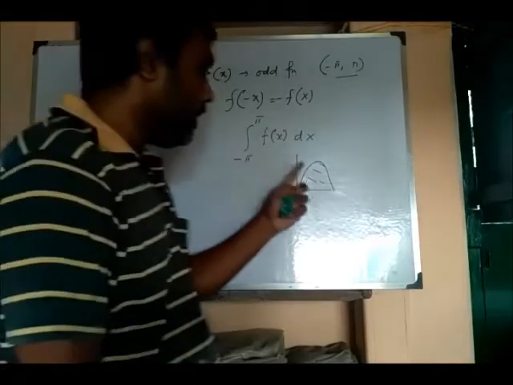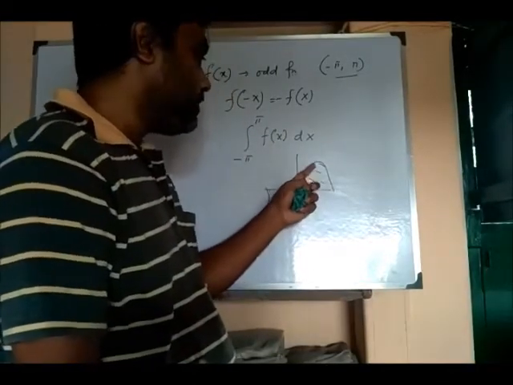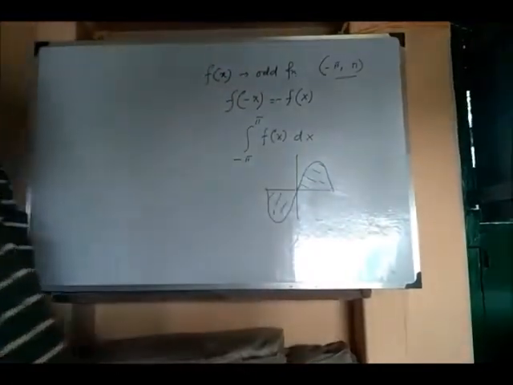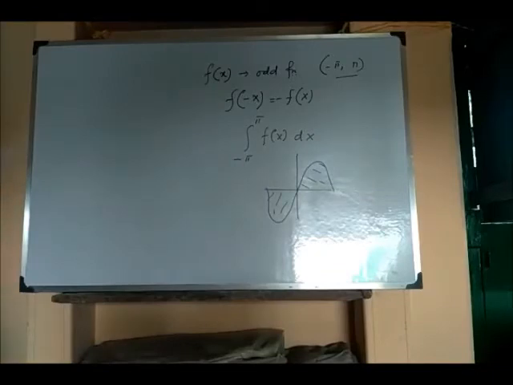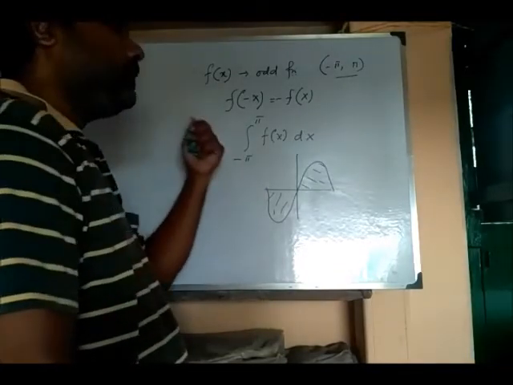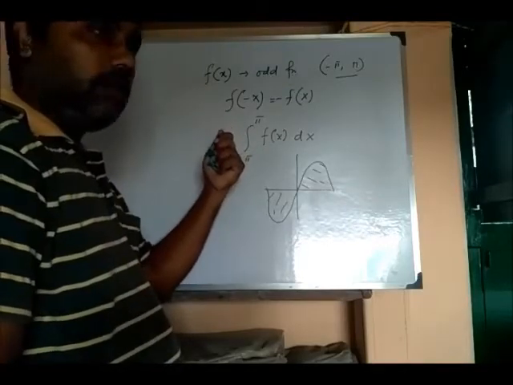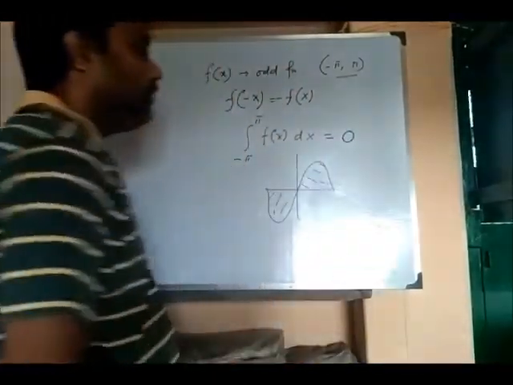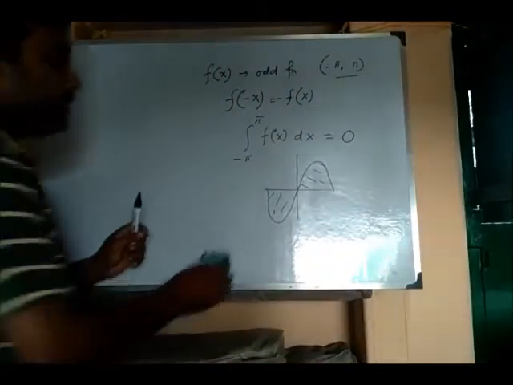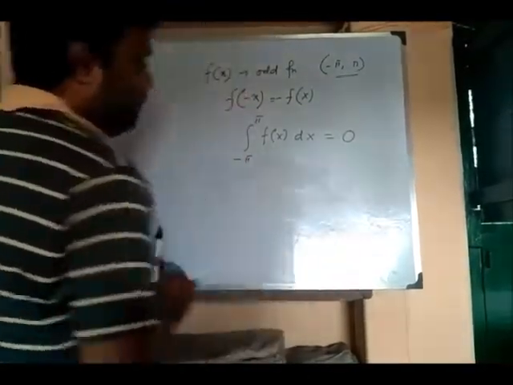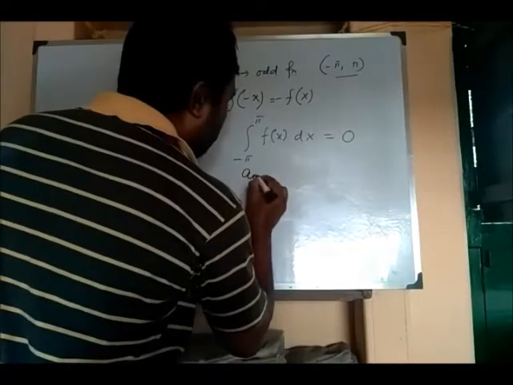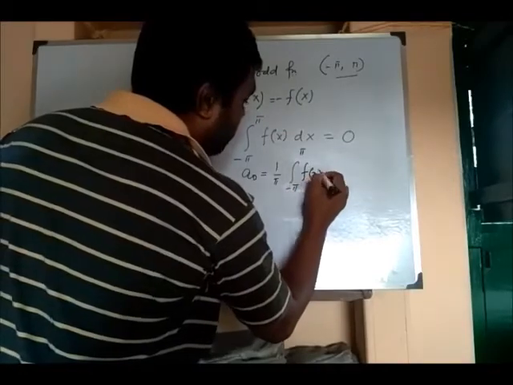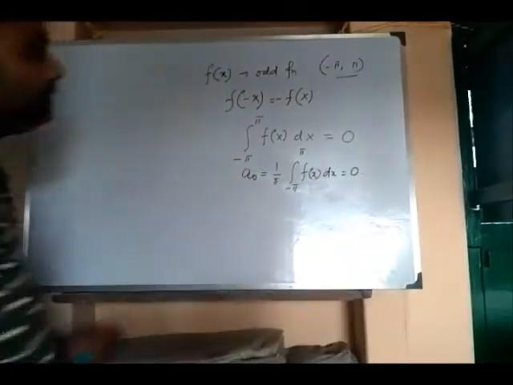So this area is just the same as this, and you are going to add these two areas. The effect becomes 0 because the directions of these areas are different. So this integration must give you the value 0. As I choose this, you can definitely say that the value of a0, which is 1 upon pi, integral from minus pi to plus pi of f(x) dx, will give me 0.